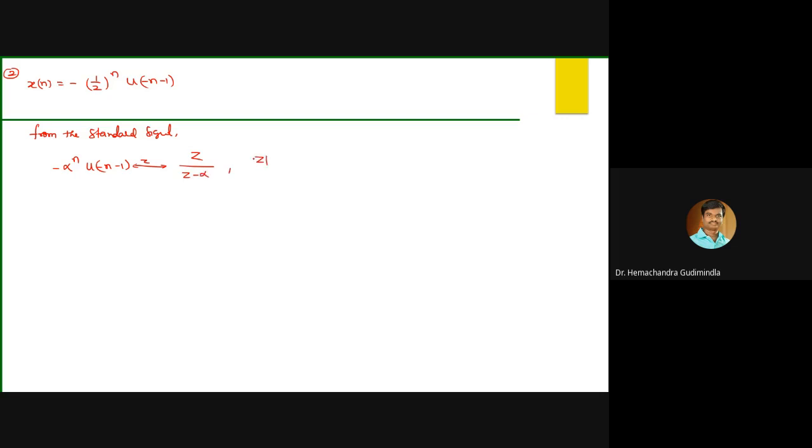But ROC is mod Z less than mod alpha. Now similarly here minus 1 by 2 whole power n u of minus n minus 1. What is the Z transform? Z by Z minus 1 by 2. Mod Z is less than mod 1 by 2.